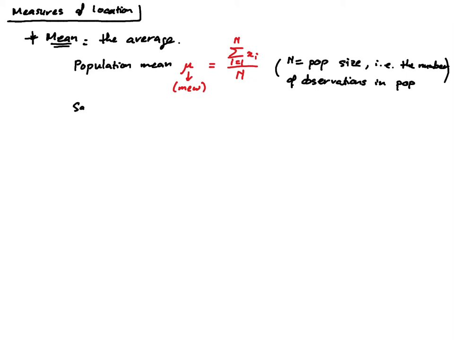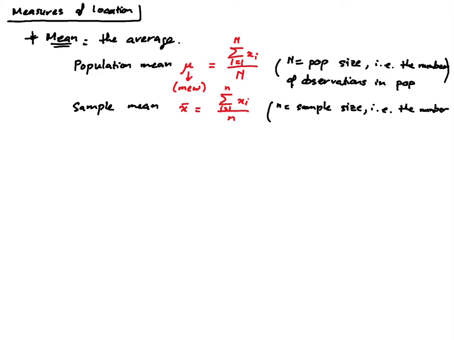So we calculate the sample mean, which is denoted by x bar, by taking the summation of xi for i going from 1 to small n divided by small n, where small n is the sample size or the number of observations in the sample. Okay.